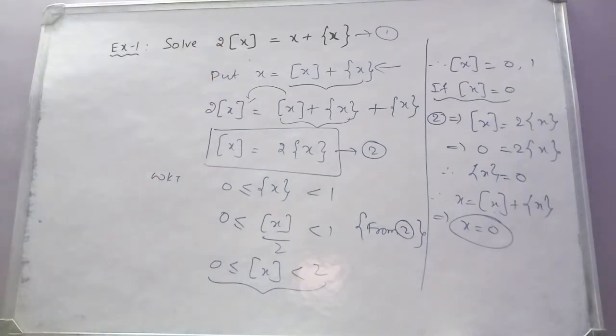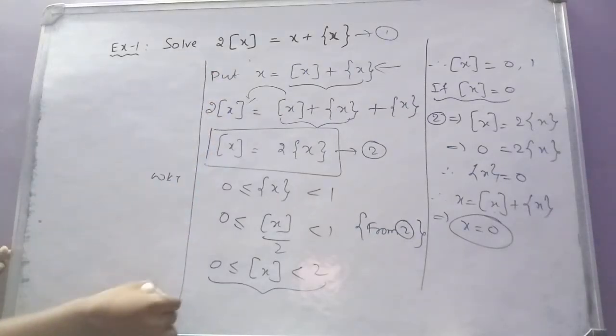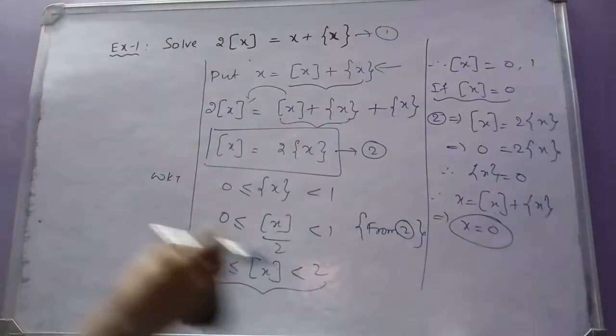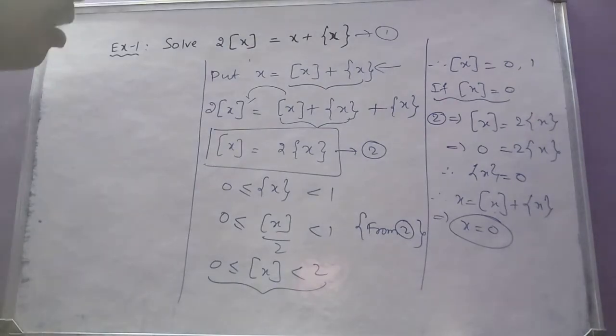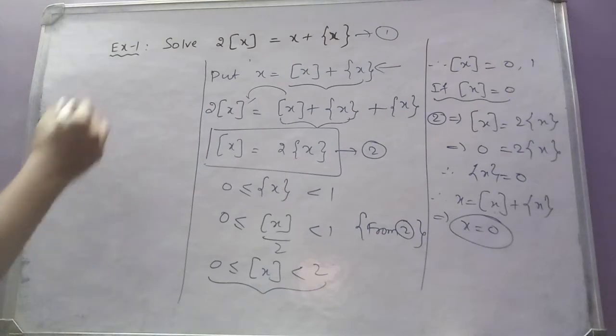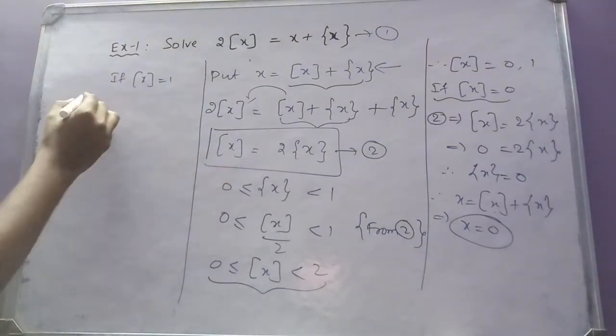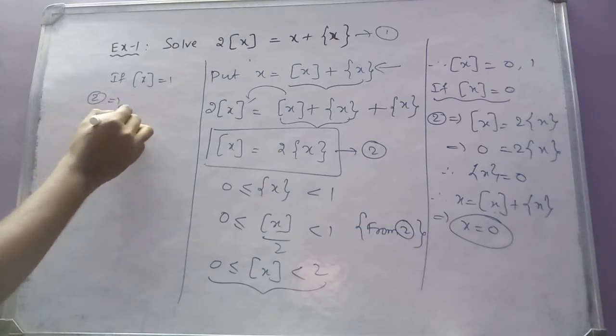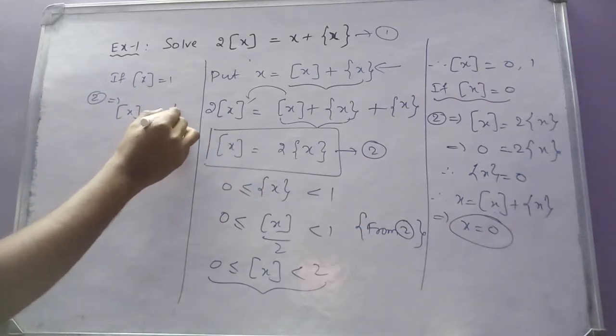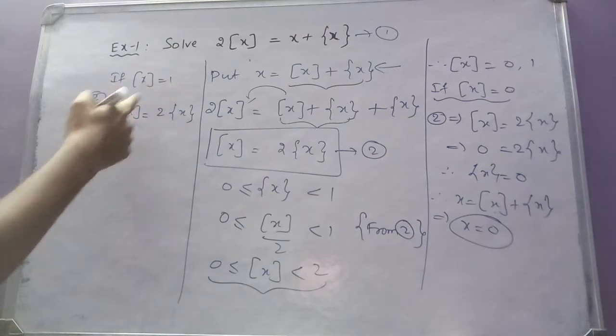Now we have to get the second solution, right? So let us get the second solution. To get the second solution, I will take floor of x is equal to 1. So if floor of x is equal to 1, take the second equation and substitute. First write the equation: floor of x is equal to 2 into fractional part of x. Take floor of x is equal to 1.